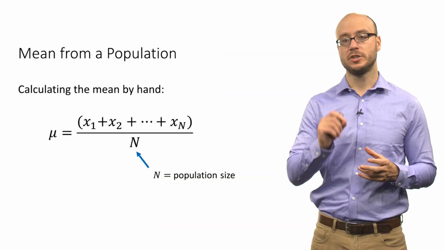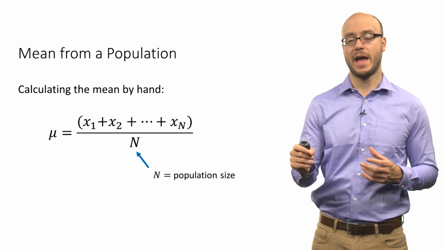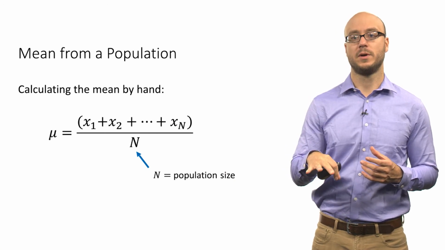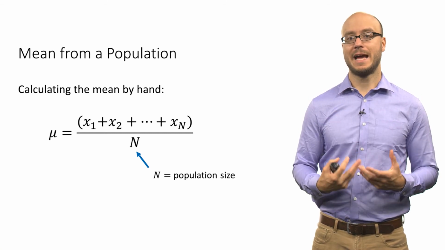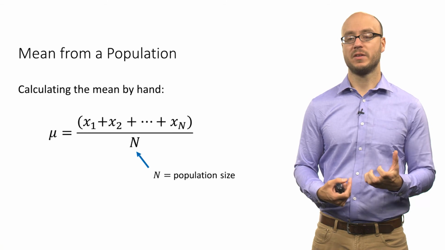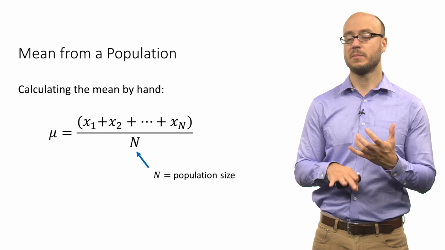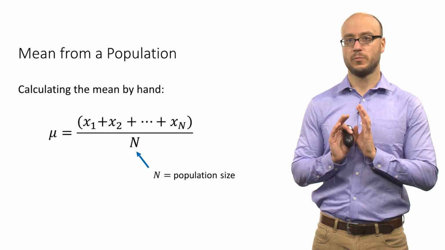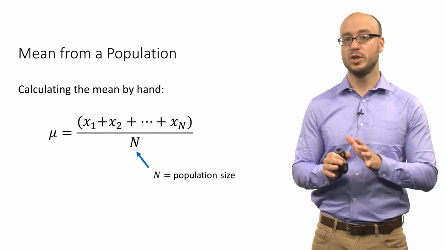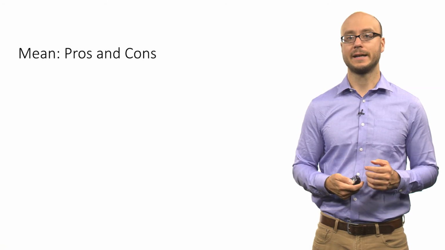If you took the average of everybody in the United States of some variable, let's say weight, then that population size will be capital N. You add all the observations together and divide by the total population size, and that gives you mu. So you can see that the actual calculation is the same. You're just adding up the values of the observations and dividing by the total size of the population or the sample. If it's the population mean, we call it mu. If it's the sample mean, we call it x bar.